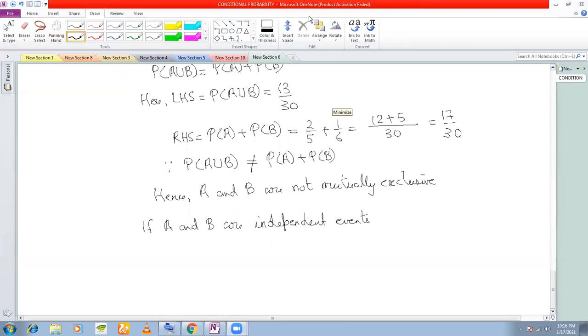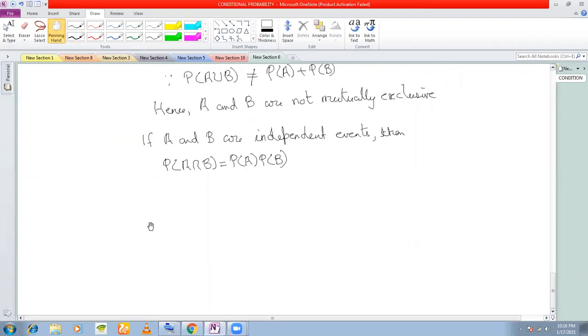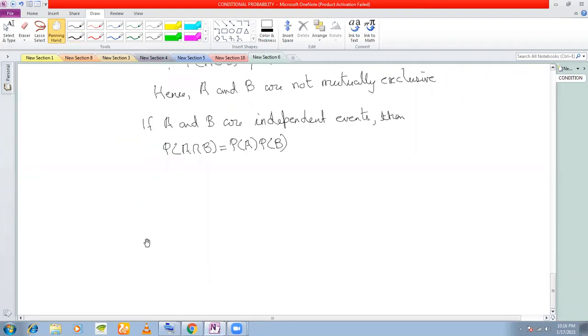If A and B are independent events, then what happens? Kavita. Independent. P of A intersection B must be equal to PA into PB. If A and B are independent events, then P of A intersection B must be equal to PA into PB.